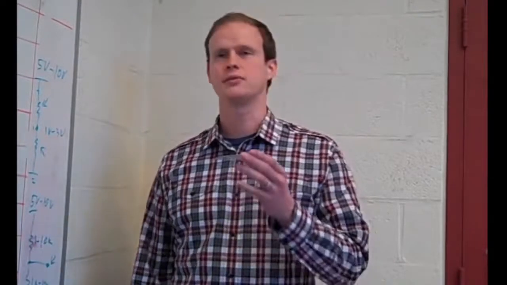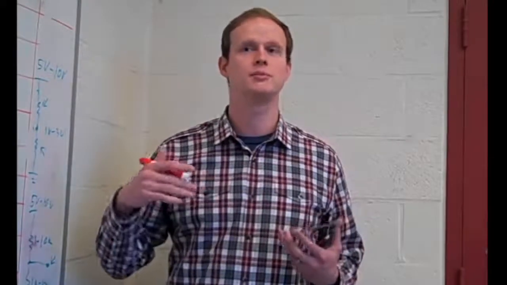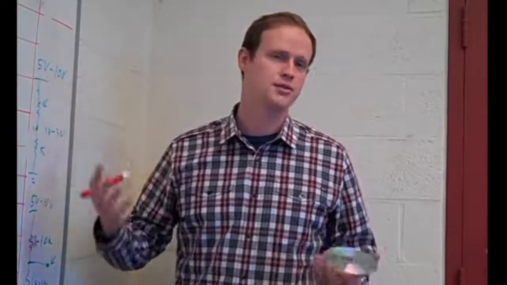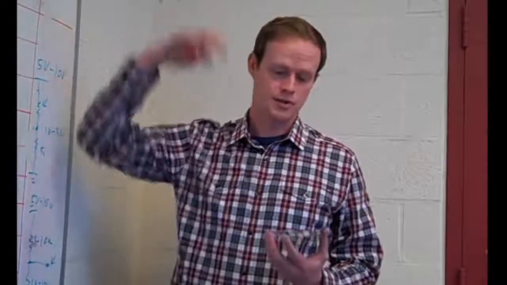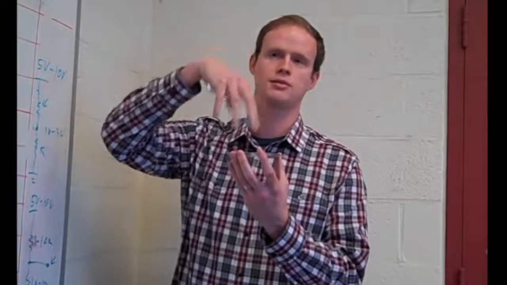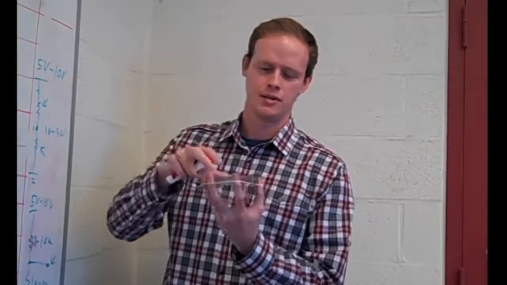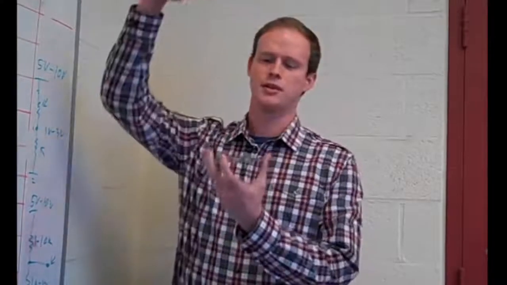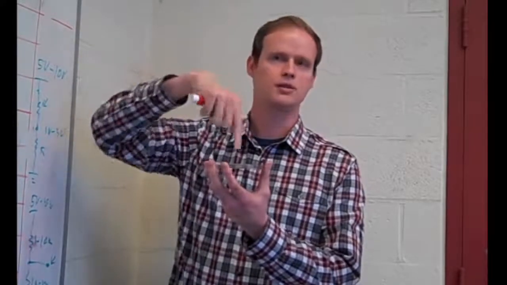If this is my surface, and I imagine that it's raining right now, and I want to make some association between rain and field lines, which is not so hard to do, then I'd have rain that's falling straight down, and I want to know how much of that rain actually makes it through a surface. You could think of some boundary like this rubber band going around this disk, and it'd be some measure of how much of that rain gets through.